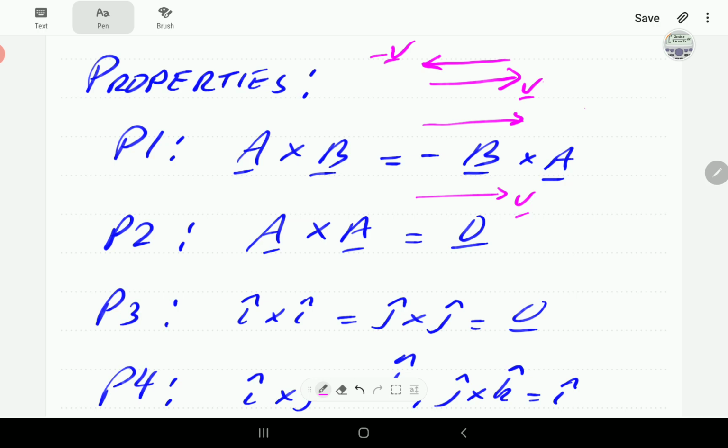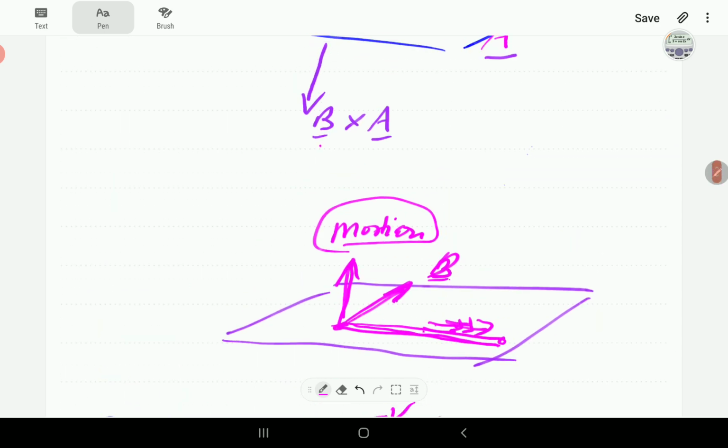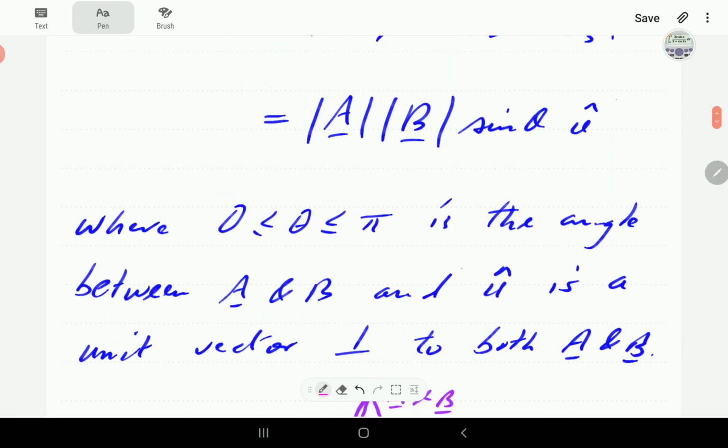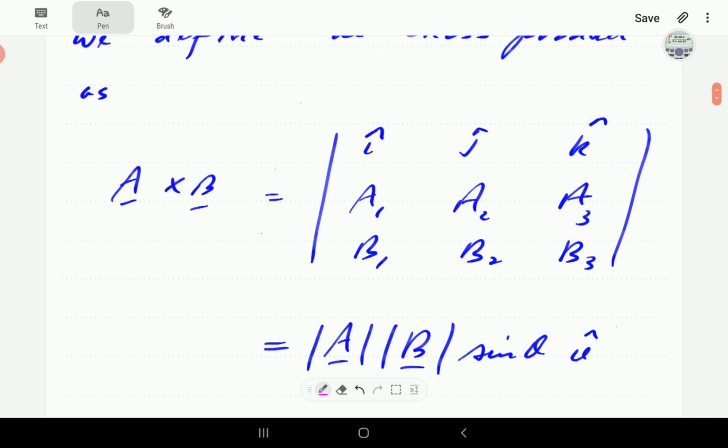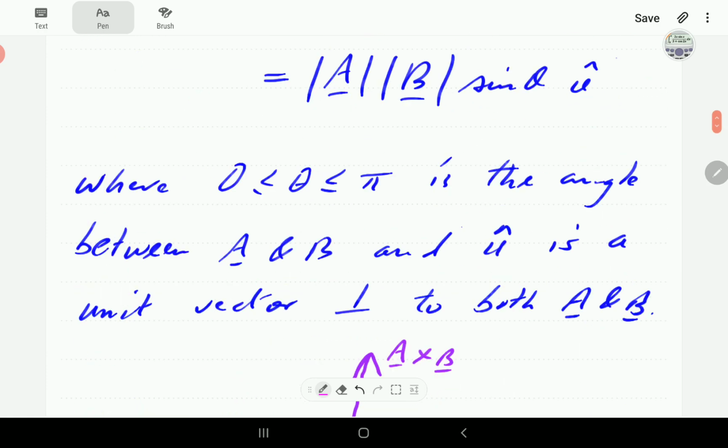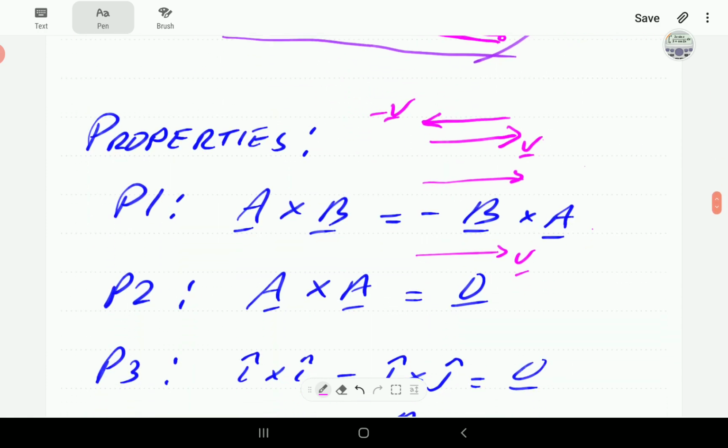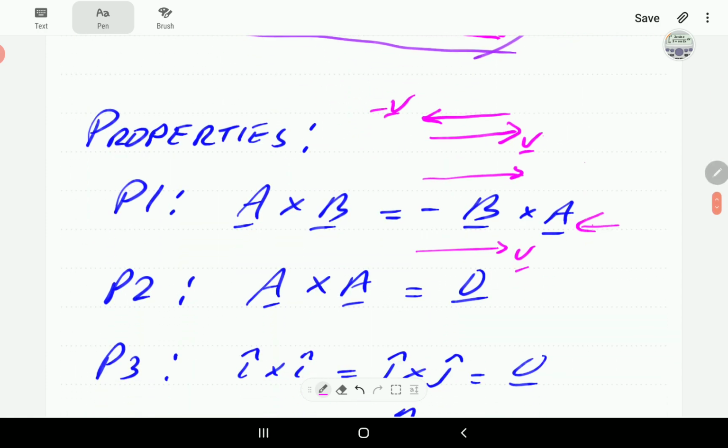But of course, from matrix theory, you're going to remember that if you've got a determinant and you switch two columns or two rows, then the determinant is negated. So that's another way of thinking about this first property.